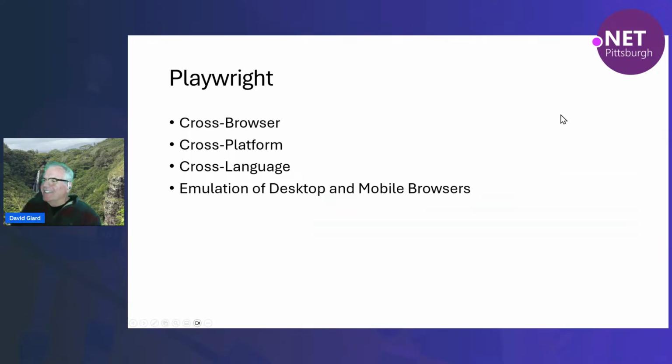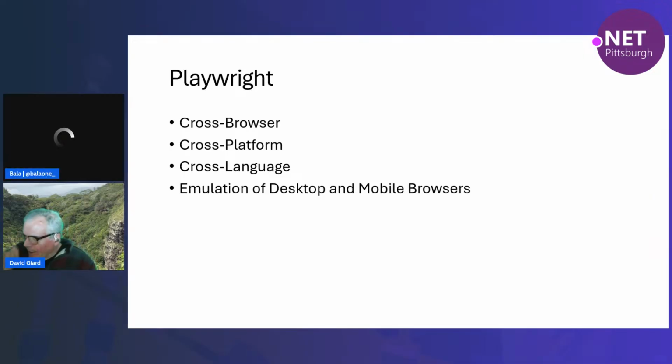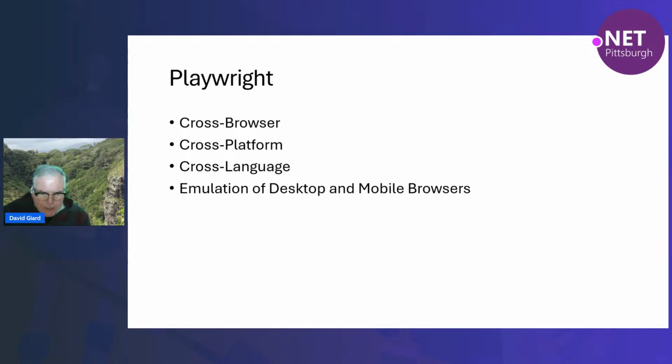All right. So what is Playwright? Playwright is a cross-browser, cross-platform, cross-language tool for doing user interface testing. When I say cross-browser, cross-platform, cross-language, it doesn't care whether you're running on Windows or Linux. It has the ability to test things in Chrome or Edge or Firefox or Opera or Safari, lots of different browsers, because it has engines for those browsers.